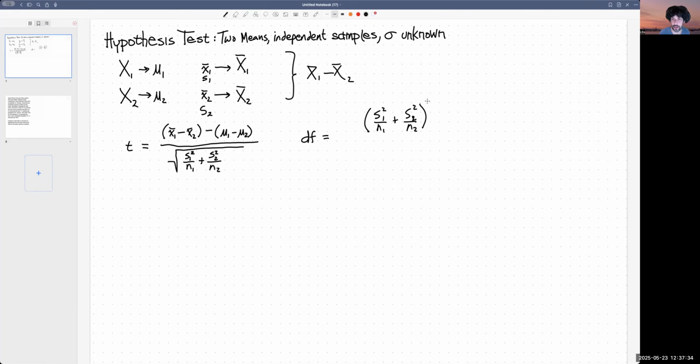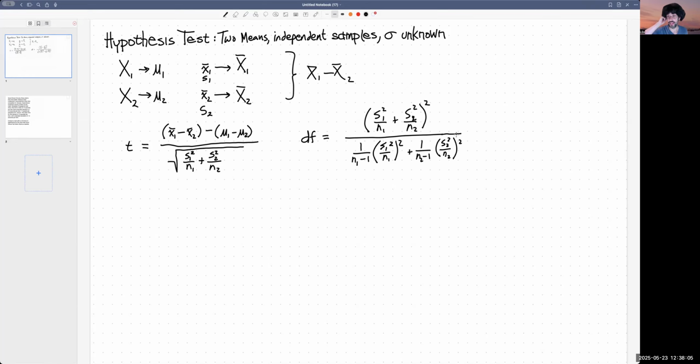But here we're squaring it, and then we're dividing by 1 over the sample size of the first sample minus 1 times its standard deviation squared over the sample size, that whole thing squared, and then the same thing for the other sample, S2 squared over N2, and that whole thing squared.